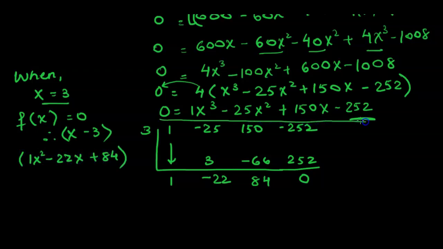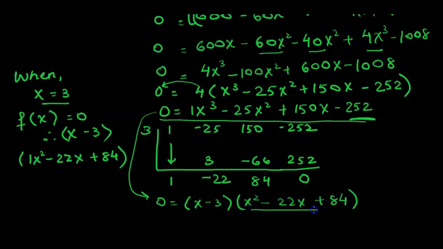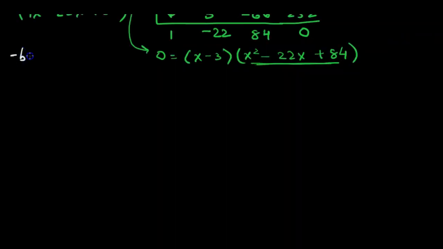Now this whole equation can be written as 0 equal to x minus 3 times x squared minus 22x plus 84. To get two factors out of this quadratic, we have to use the quadratic formula because this quadratic is not factorable. Therefore, we will be using negative b plus or minus the square root of b squared minus 4ac over 2a.